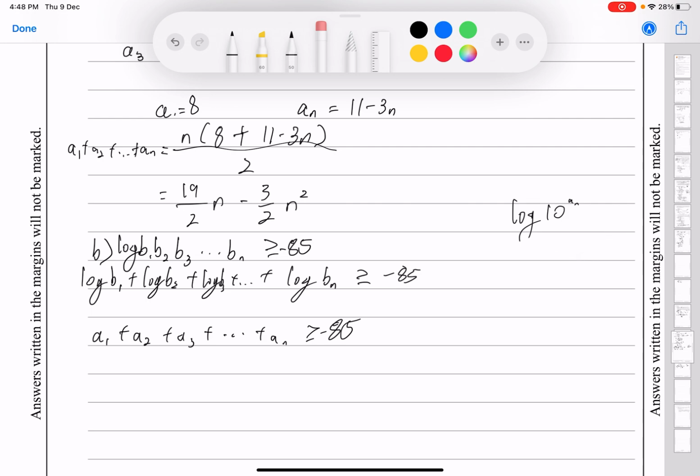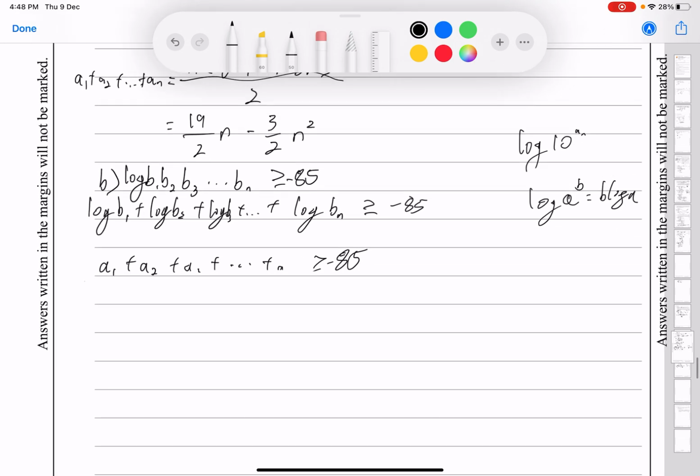As the base is 10, this is another property that we're using here. So it will become a1 plus a2 plus a3 plus and so on until an.